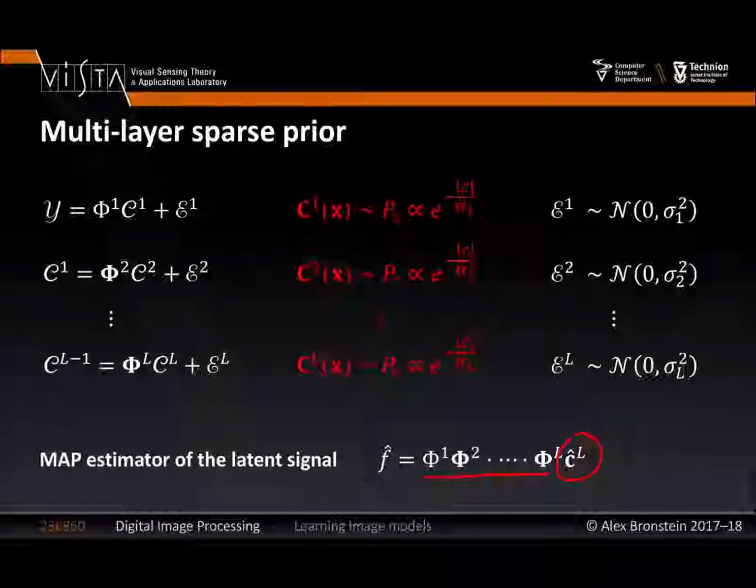And of course, because we are doing convolutions of functions, even if the support of the functions in phi1 is small, let's say I'm looking at a very small patch, when I convolve many of them, like here, the support that each coefficient at the layer L influences might be huge, might take a significant portion of the entire image. So I'm essentially increasing the scale at which my representation coefficients act. But I'm still assuming very simple and tractable models for every scale, for every layer in this representation. Okay? Any questions?